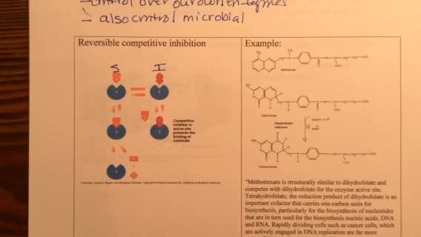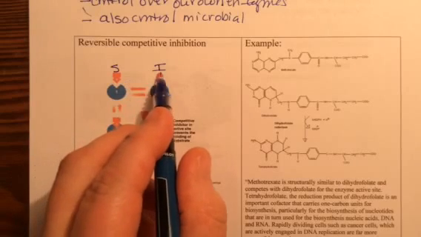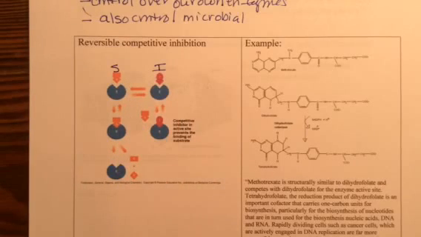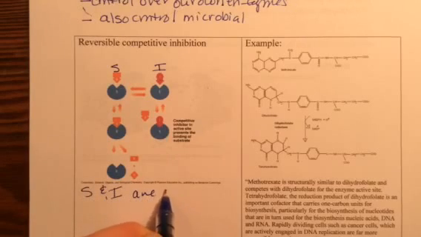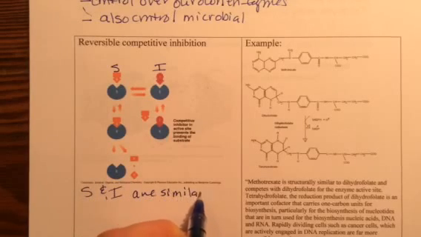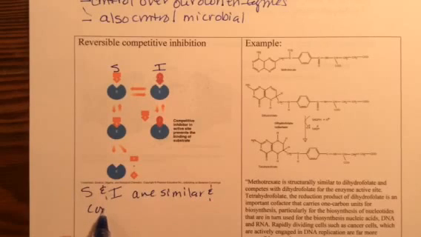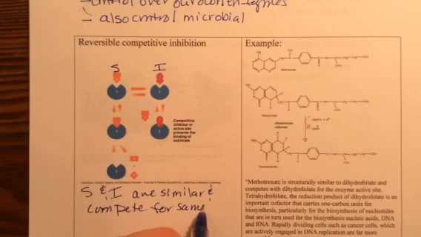And what happens is you get reversible competitive inhibition when the substrate and the inhibitor are chemically similar and compete for the same site. So S and I are similar and compete for the same site. Okay?